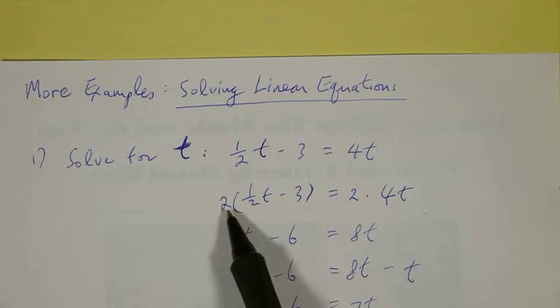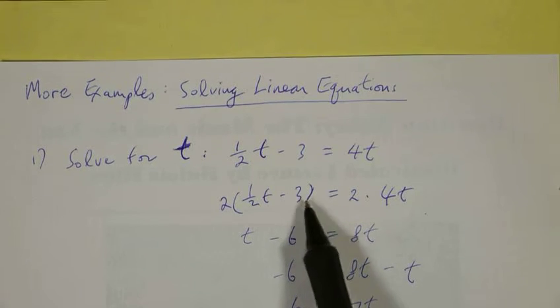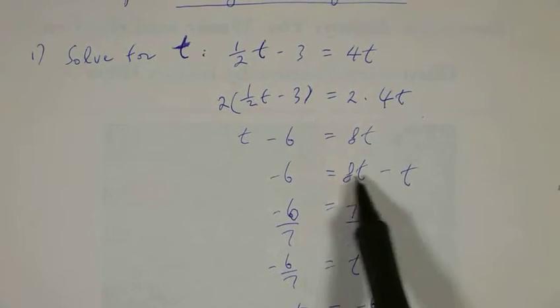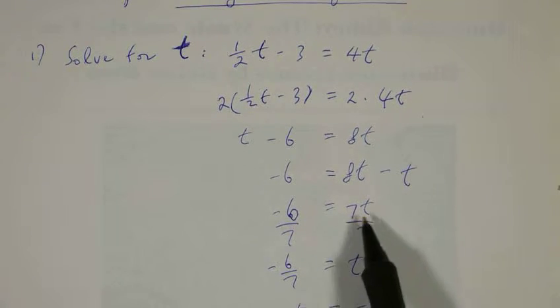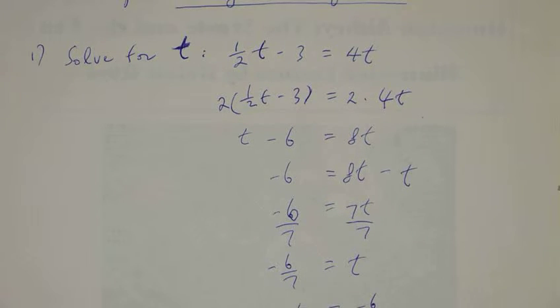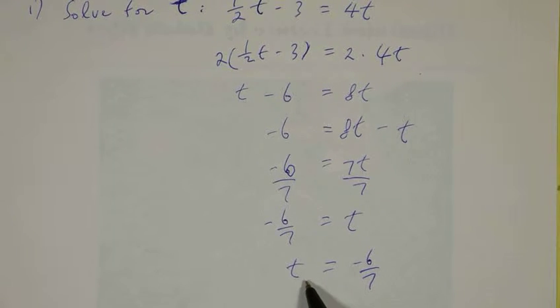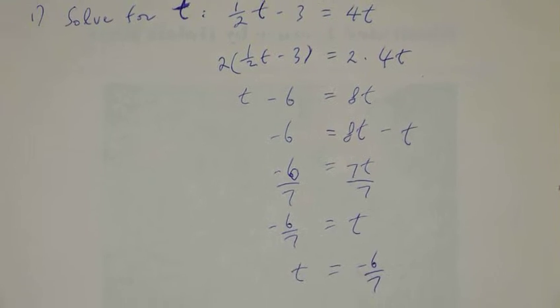Don't just multiply 2 by 1/2, right? That's a common mistake. And then when you get to this step, you simply divide both sides by 7. 7 over 7 becomes 1. So you have t equal to minus 6 over 7. It's customary to write t, the variable, the unknown, on the left hand side. So that's the first example.